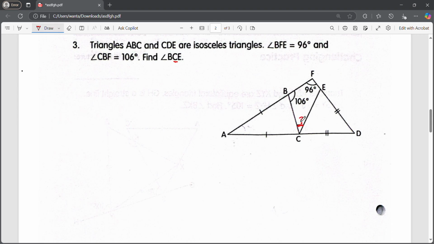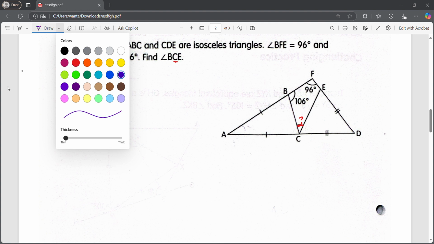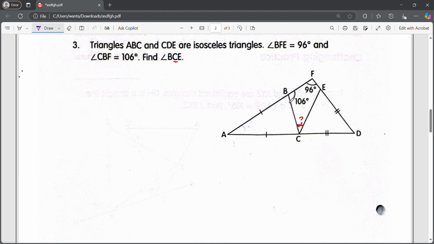And then first, let's think, can we figure out a way to find it in the end? Well, let's see. BCE is in a four-sided figure, but that doesn't help us.